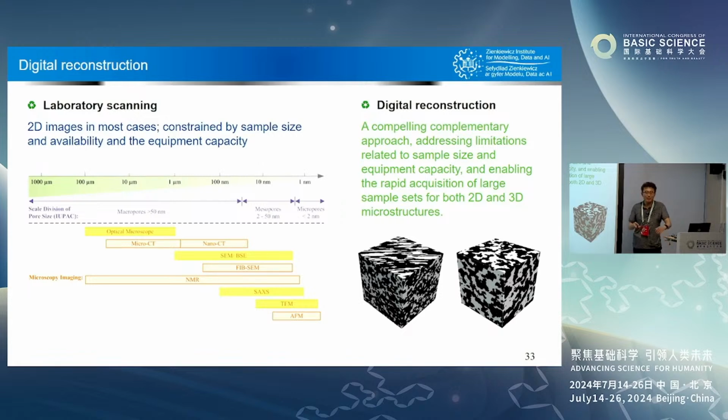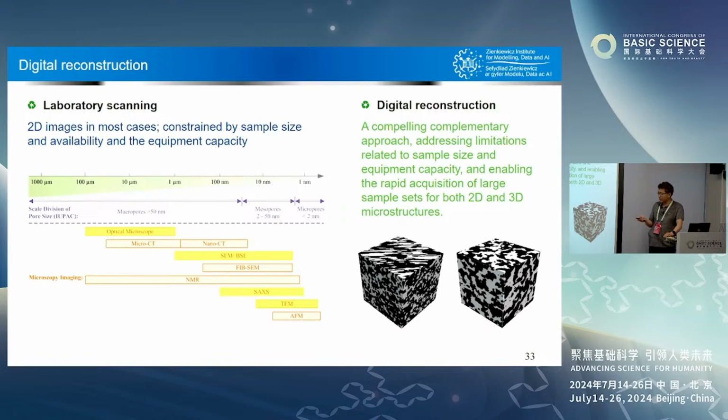The limitation is, of course, availability, the size and the capacity of your equipment. Because of the randomness of these structures, you always need ideal and large structures to gain a statistical representation for evaluation.